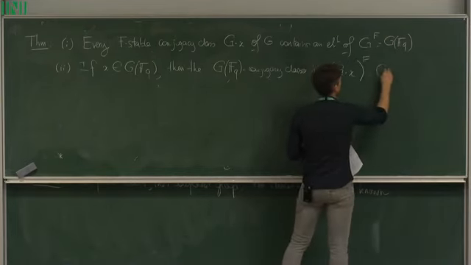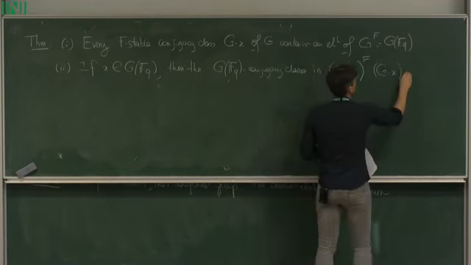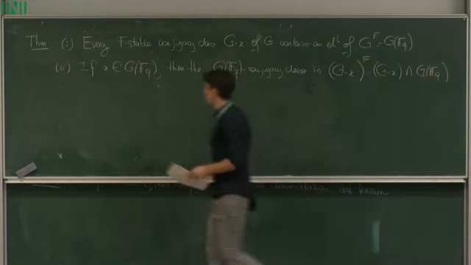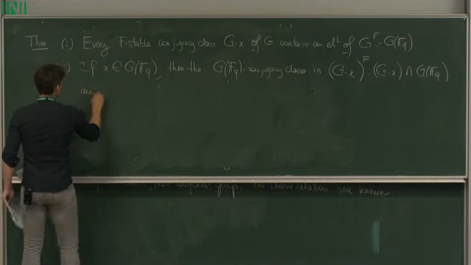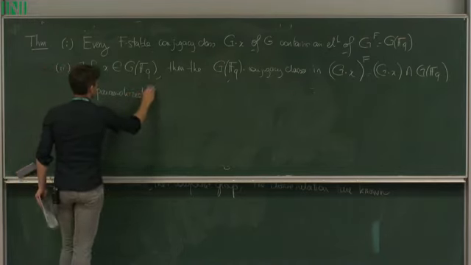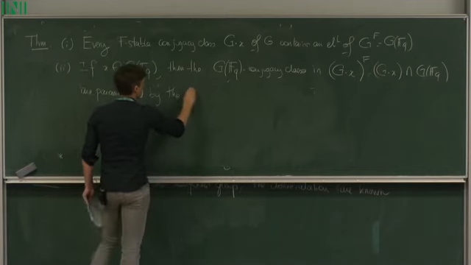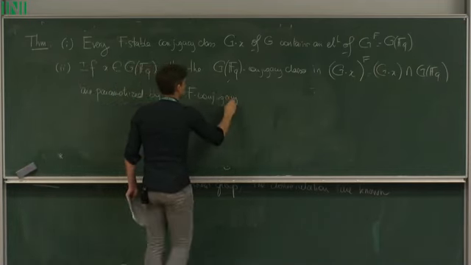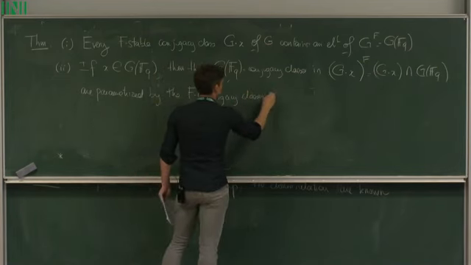So it's just the orbit intersected with the finite group. These are parametrized by the so-called F-conjugacy classes of the component group.